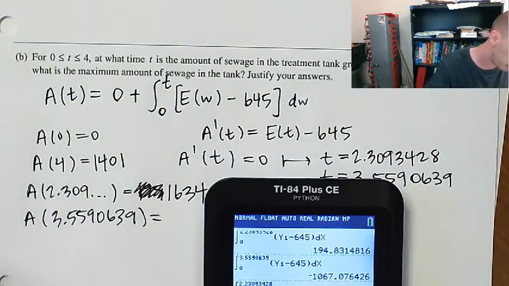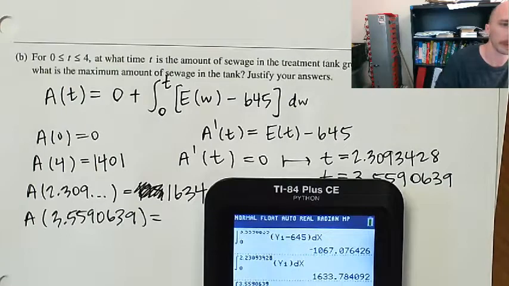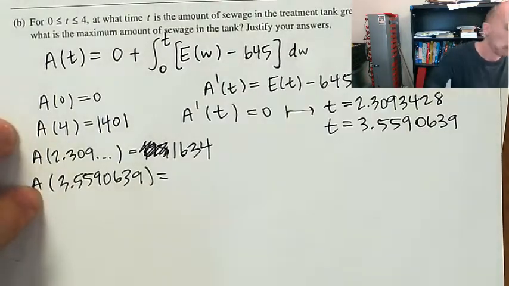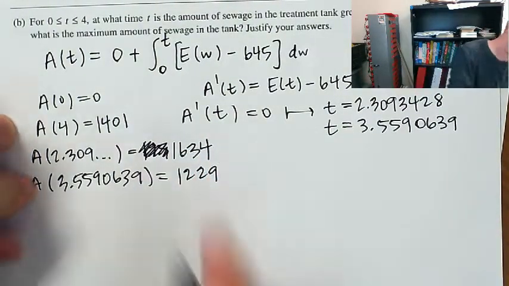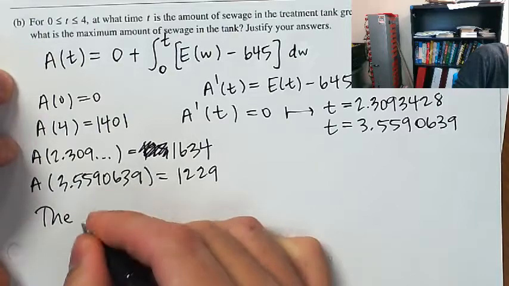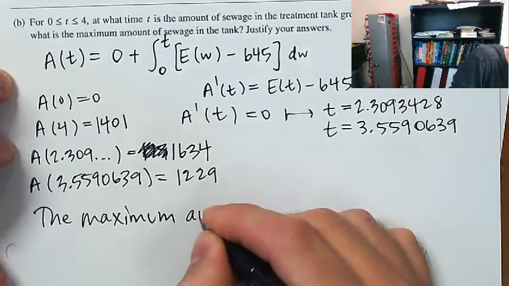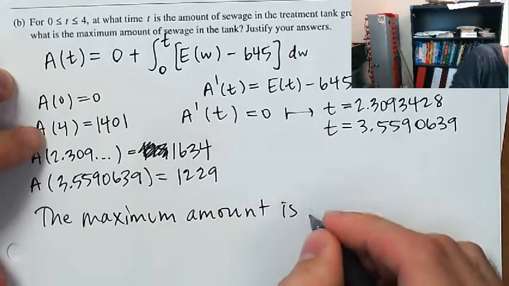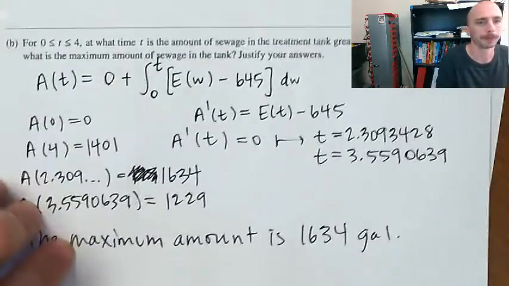So I'm going to go up here, I'm going to get rid of that 645 thing, that's not necessary, and then I'll have 1,229. And now I'm going to conclude the maximum amount is, there it is, 1,634 gallons. Okay.